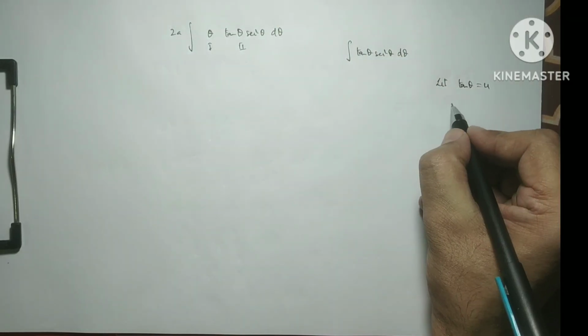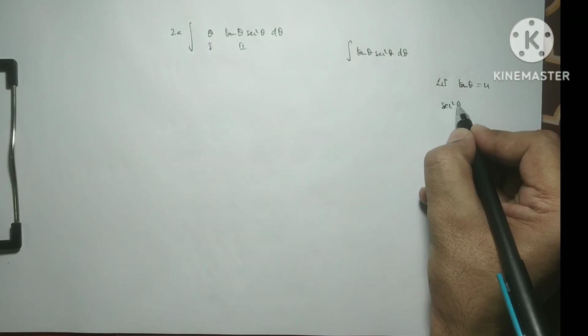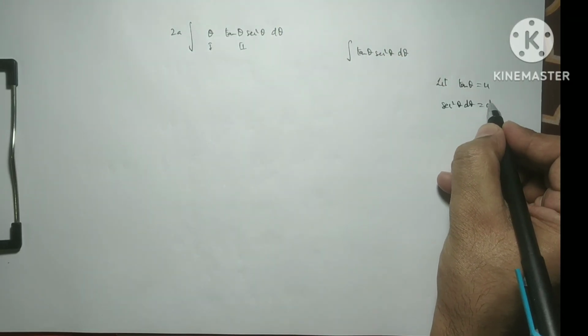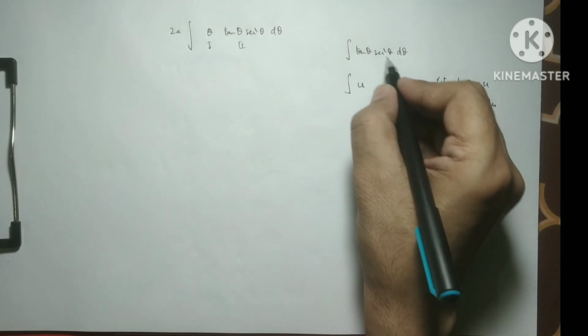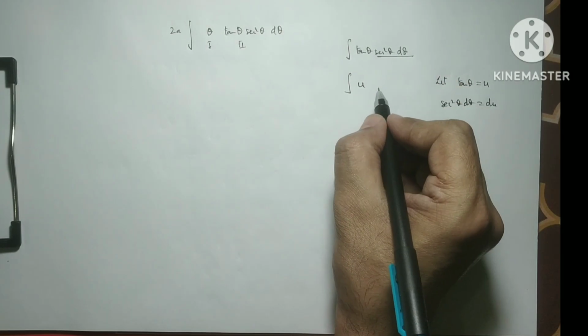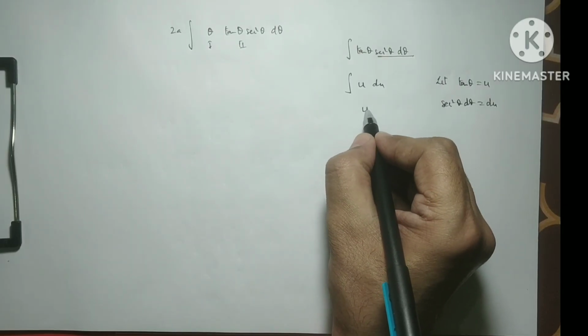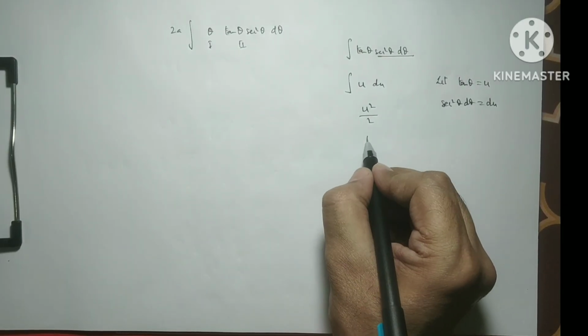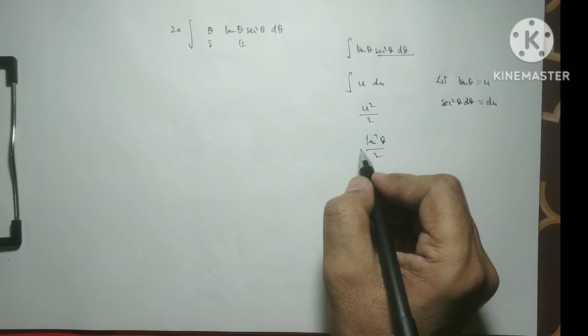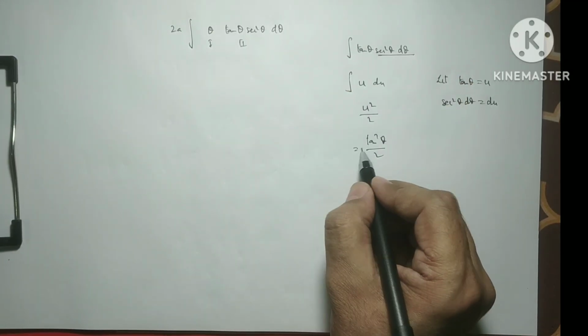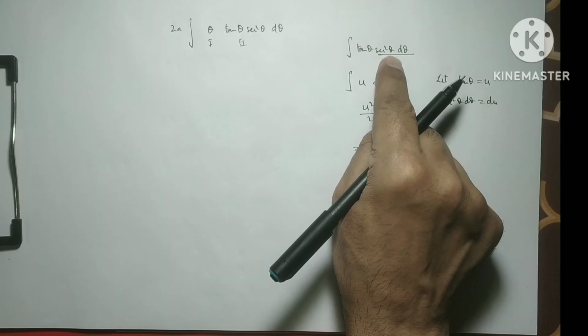So sec square theta d theta is du. So it is u square by 2, means tan square theta by 2. So this is the integration of tan theta sec square theta.